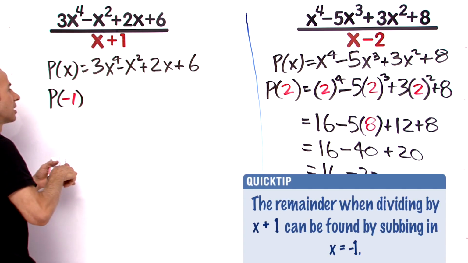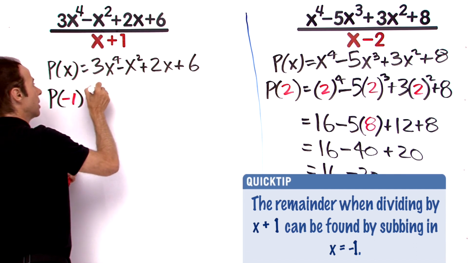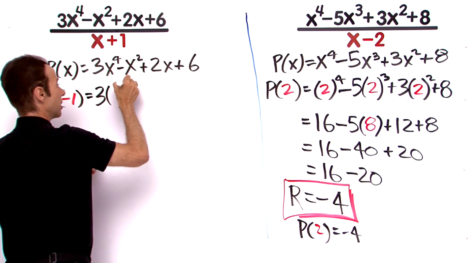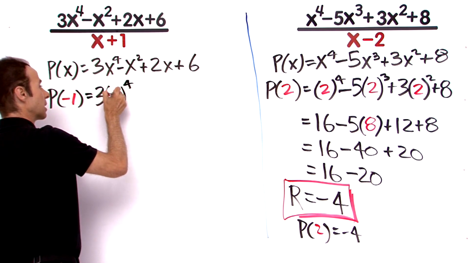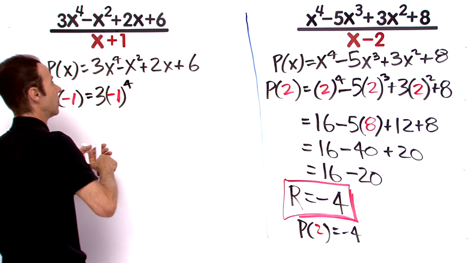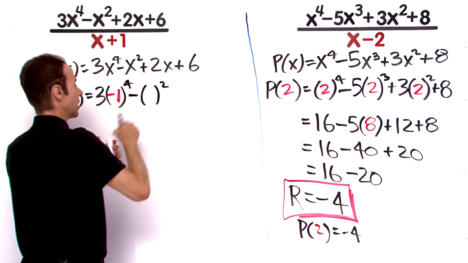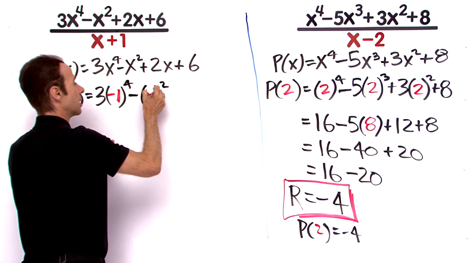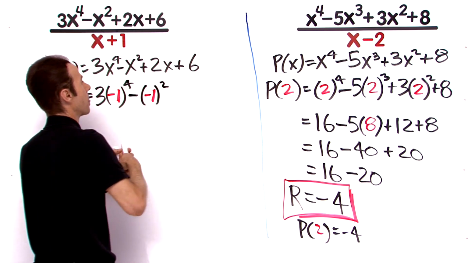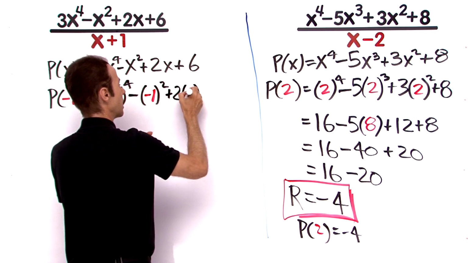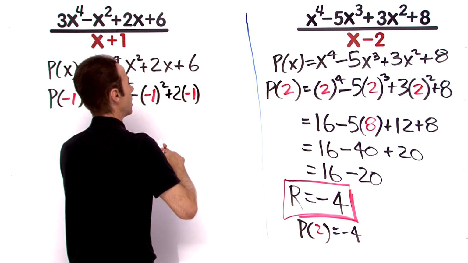Negative 1 right there. So that equals 3 x to the fourth. What's x again? Negative 1. Okay, minus x squared, and that's negative 1 in there again. Plus 2 times x, which is negative 1 in there again.